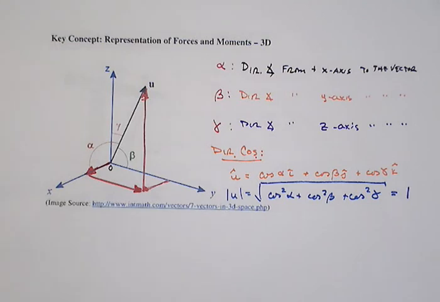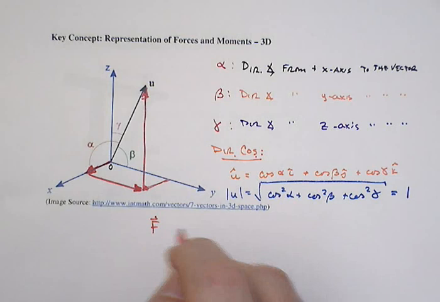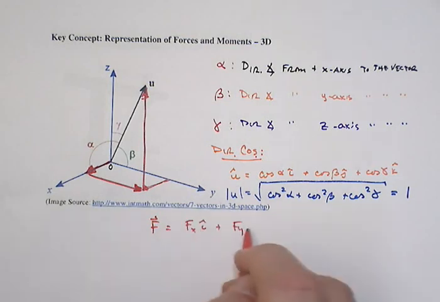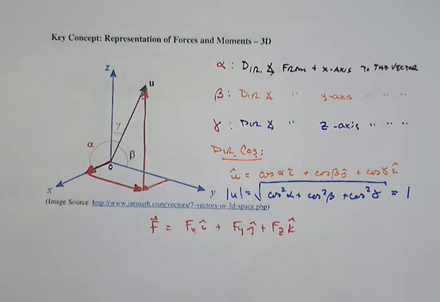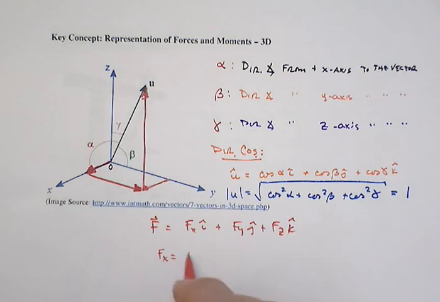When you get to the actual version of F, or any force vector, notice it will have an x component plus a y component plus a z component, and Fx itself will be equal to the magnitude of F times cosine alpha, and so on for all the rest in their respective fashions.